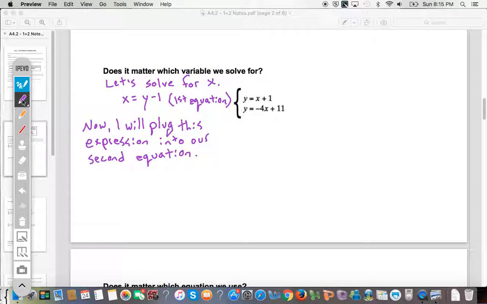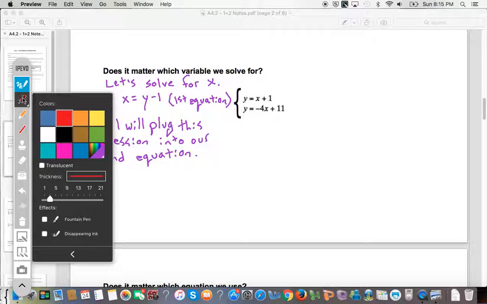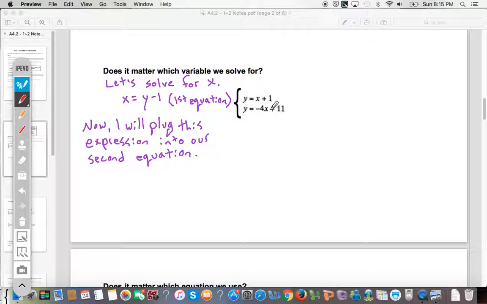I think using color helps emphasize this point. For this x right here, we know that it equals y minus 1. So I'm going to take this expression, because I know x equals this, they are the same, and I'm going to plug it in right here for that x.